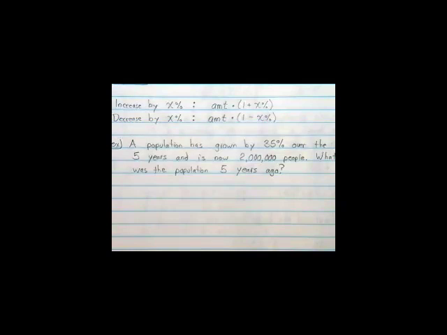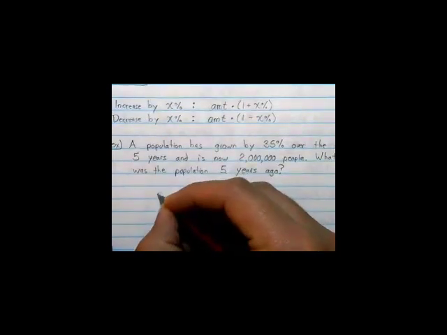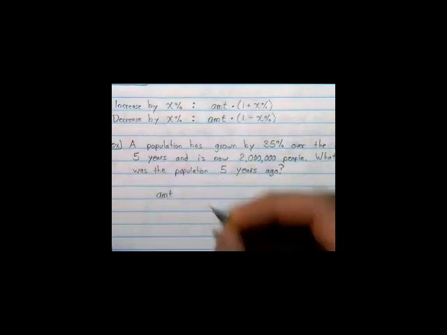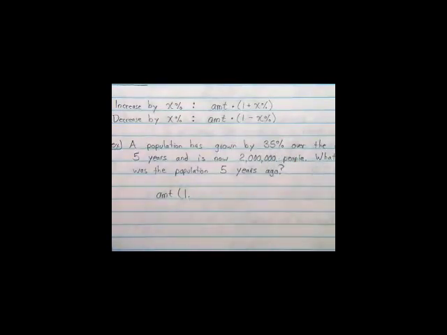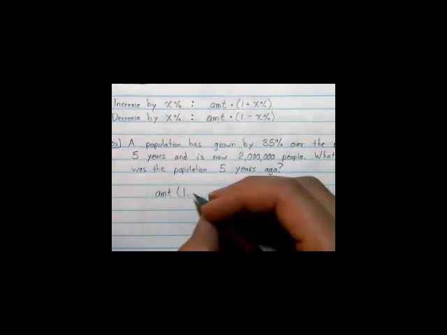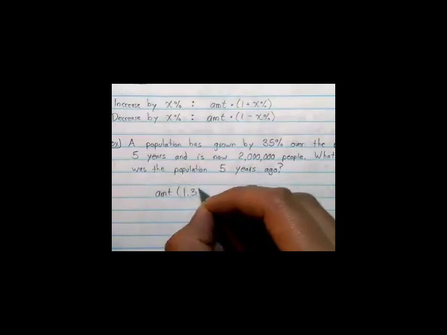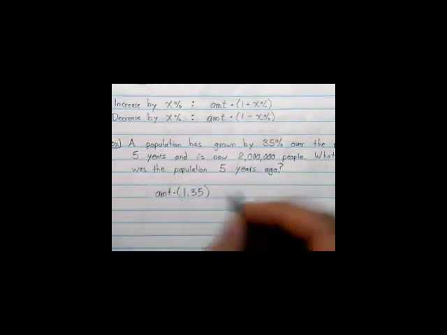So this little equation up here that we talked about is going to be equal to 2 million. That's the final result of the growth, right? So we're going to have some amount times, and take the percent and turn it into a decimal as well. So 1.35, so something times 1.35 has gotten us to 2 million.